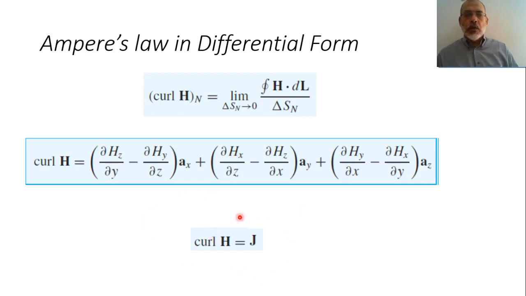So in general, we can say that the curl, or the rotation, of the magnetic field H equals the current density J. This is effectively Ampere's law in its differential form.